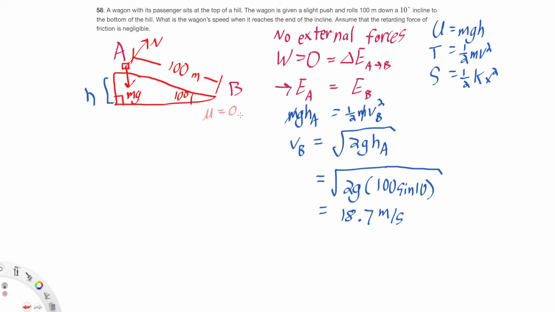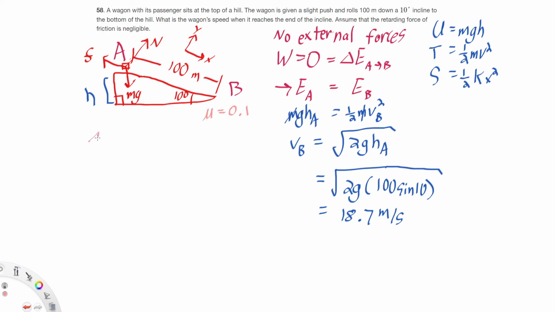It's going to be 0.1. So we will have a normal force, we will have the weight, and we will have a frictional force. And it'll be convenient to say that positive x is down the hill and that positive y is in the direction of the normal force.